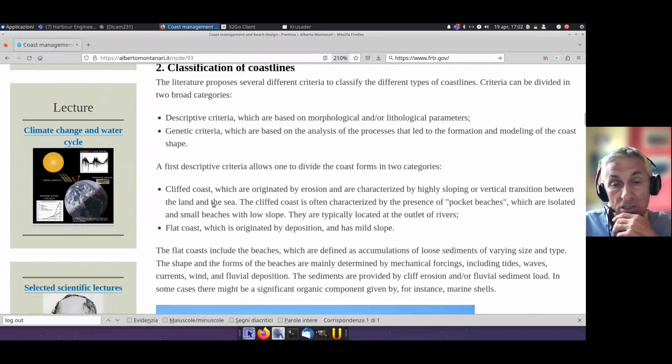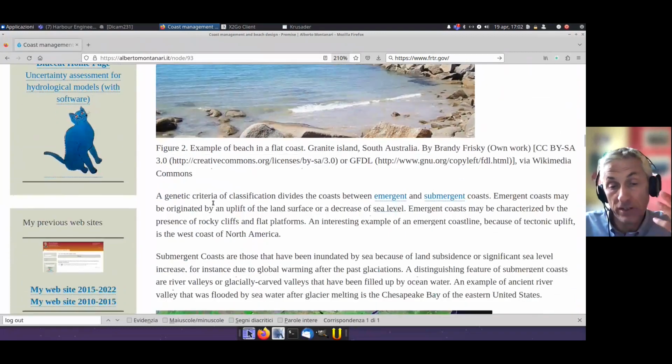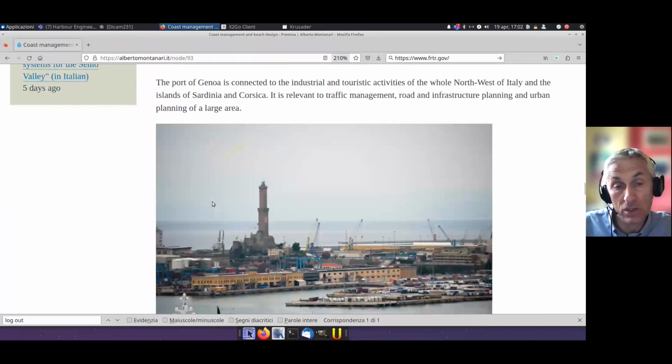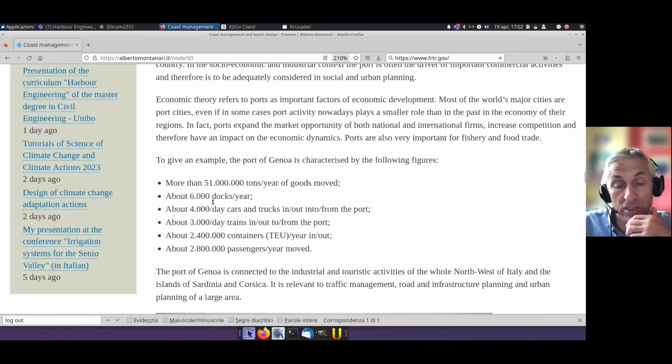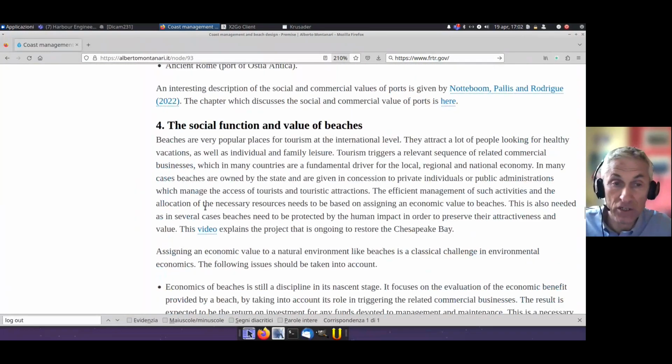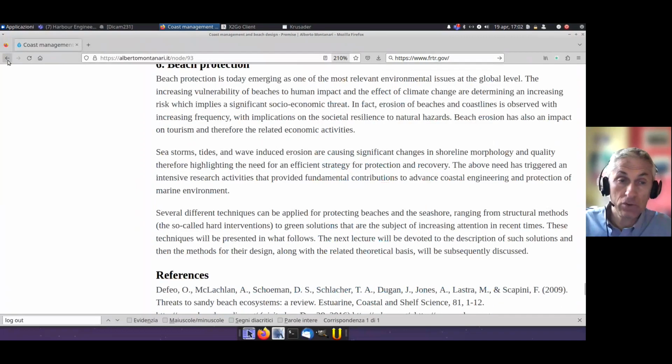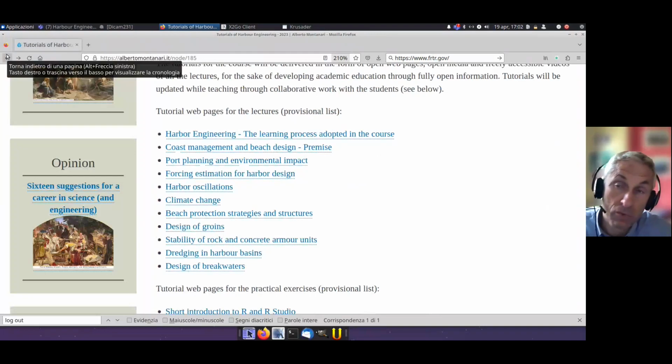Classification of coastlines, and so different types of coastline, and then the social function and value of seaports, the social function and value of beaches. You know that the first question of the exam is a descriptive one. It's a question that allows you to speak. So I may also ask some questions which you need to reply to with a narrative, like the social function of beaches.